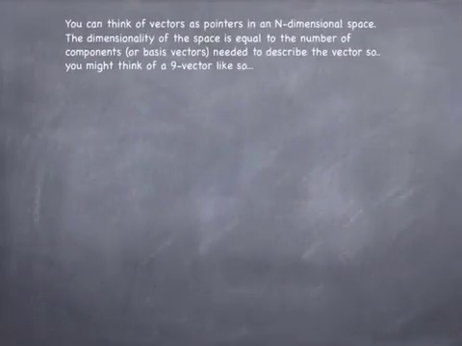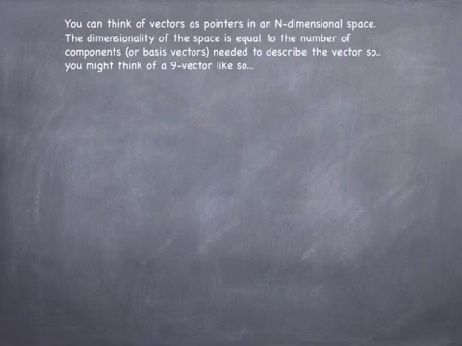You can think of vectors as pointers in an n-dimensional space. Just like spatial vectors with i hat, j hat, and k hat are pointers in a 3-dimensional space, you can think of these arbitrary kets as pointers of a kind in an n-dimensional space, where n is the dimensionality of the ket. So how many components does it have?